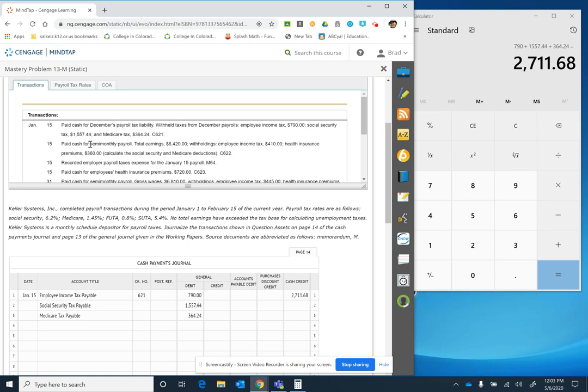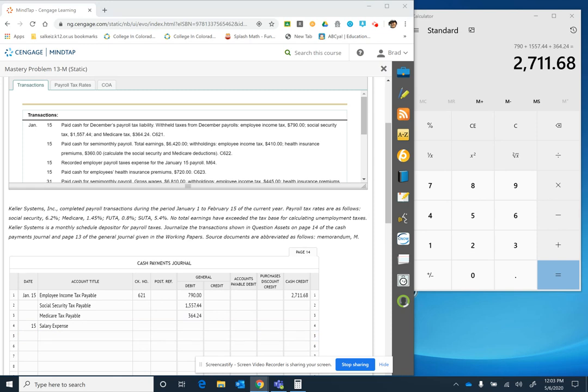Next thing we've got is we have to pay cash for our semi-monthly payroll. So from January 1st to January 15th, we have to make payments to our employees. So we're going to have the 15th here, and we're going to record our salary expense. And what is made up in our salary expense?